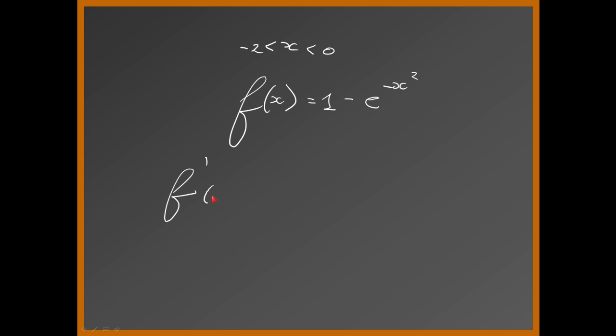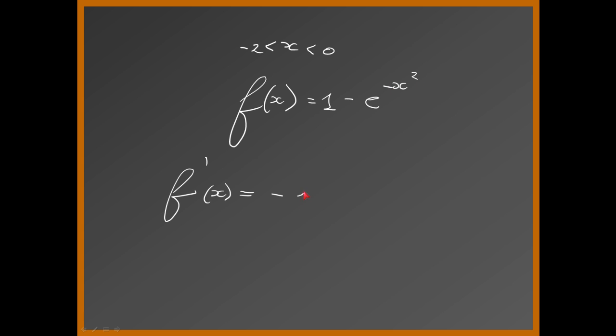When x is between minus 2 and 0, the function f of x is equal to 1 minus e to the minus x squared. This means that f prime of x, the first derivative, will be equal to the derivative of 1, 0, minus the derivative of e to minus x squared.